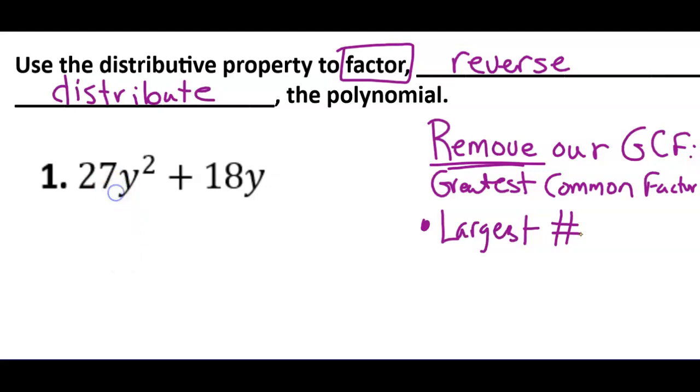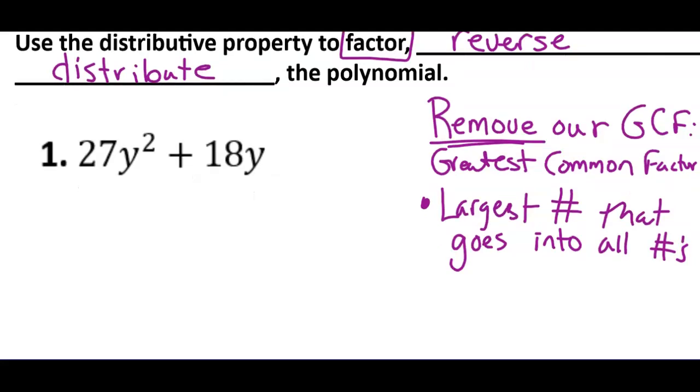So what can you divide both of these by? What's the biggest number that you can divide both of those? If you're looking for the largest number that goes into both numbers, or all numbers, because there might be more than 2. Okay? So that's your first step, to find your greatest common factor.